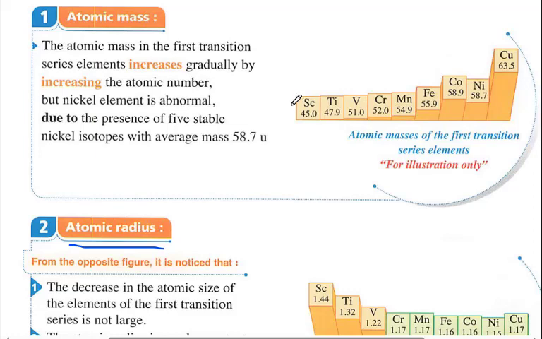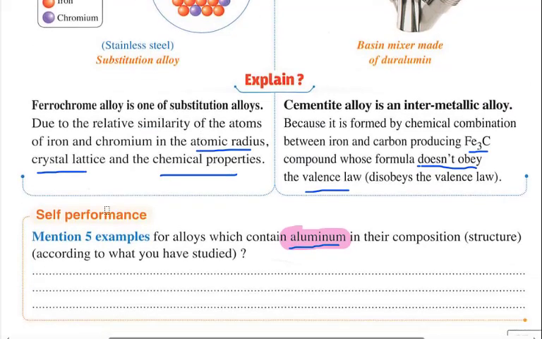Here, scandium with aluminum makes MiG fighters. Titanium with aluminum makes aircraft and space shuttles. Manganese with aluminum makes the cans of soft drinks. And nickel with aluminum, copper with aluminum makes duralumin alloys.